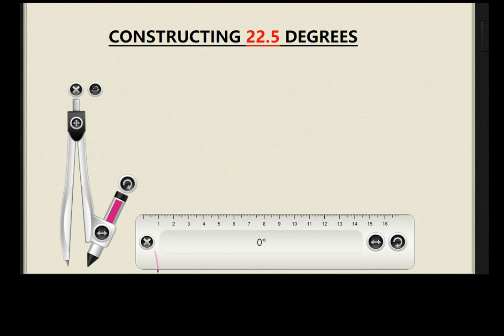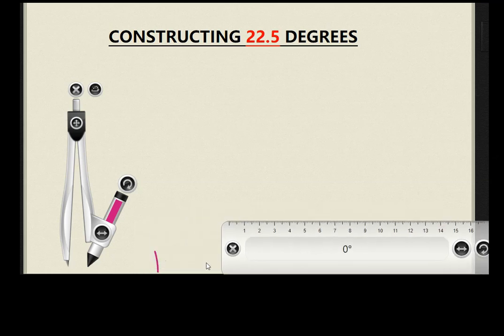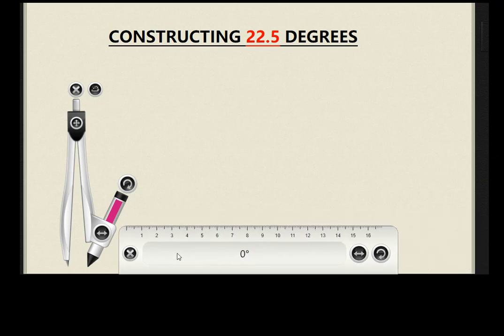Now we are constructing 22.5 degrees. Very interesting. How can we construct this angle? Now, before we do any construction, I need to mention the steps that we're going to use. In order to construct 22.5 degrees, first we need to construct 90 degrees.